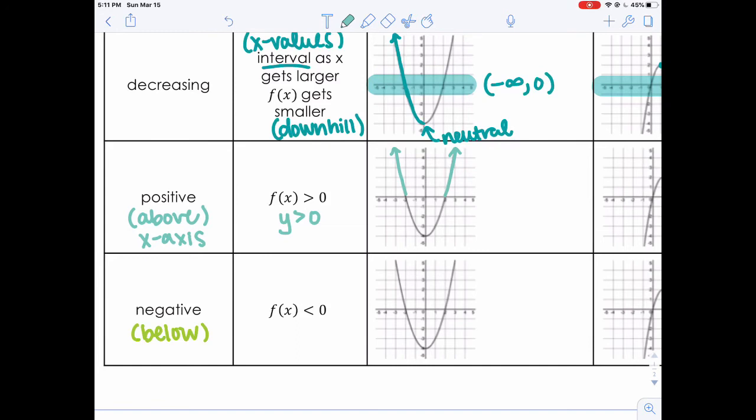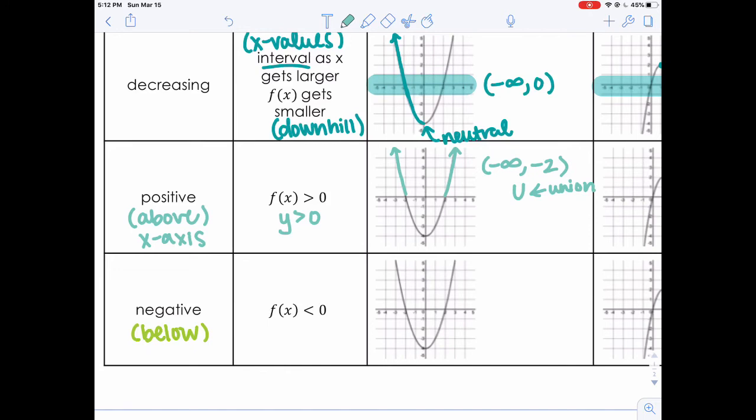My leftmost interval starts at negative infinity. Again, we're using x values. To negative 2 is where that one stops. And if we want to conjoin intervals, we use this U, which means union. So we're going to union the two intervals together since they're both positive.